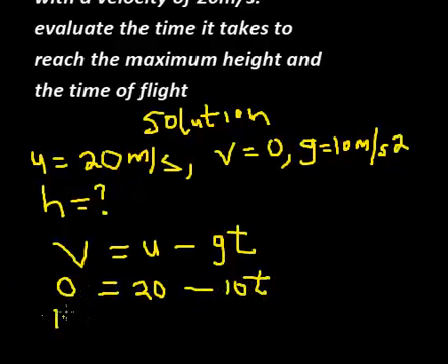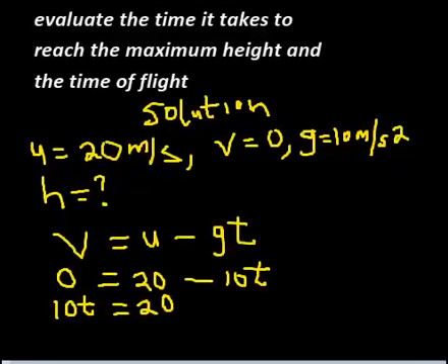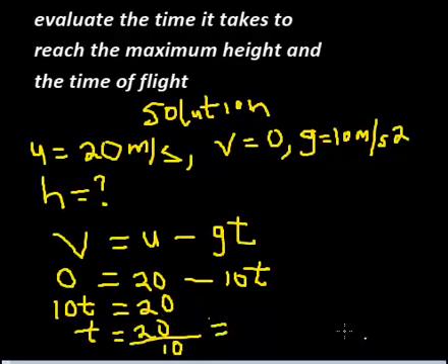It becomes 10T equal to 20. Here we go, T is equal to 20 over 10. So the time for that object to reach the maximum height is 2 seconds.